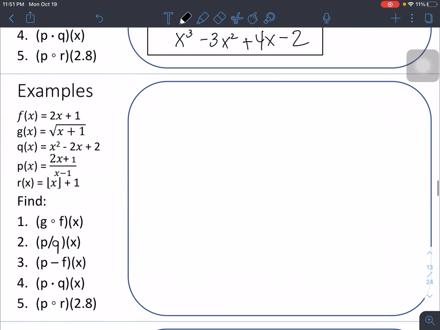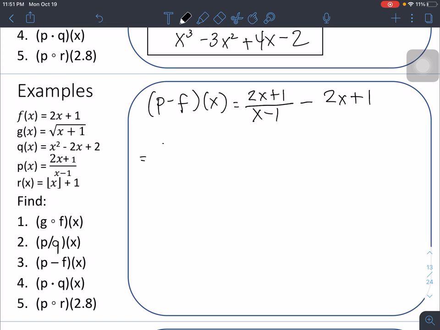So we have p minus f. Let's try to subtract the f function from the p function. So p minus f will be 2x plus 1 over x minus 1 minus the f function, which is 2x plus 1. I need to find their LCD for me to proceed to subtraction.